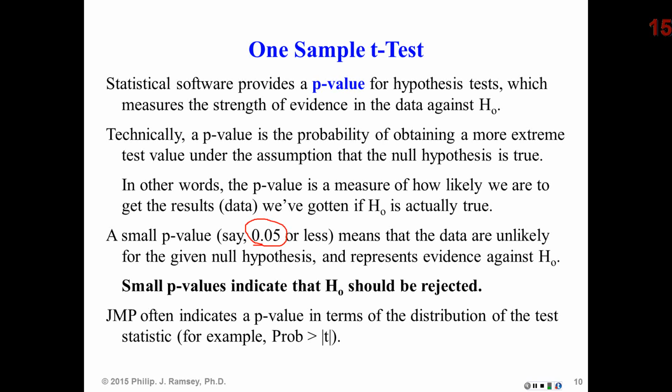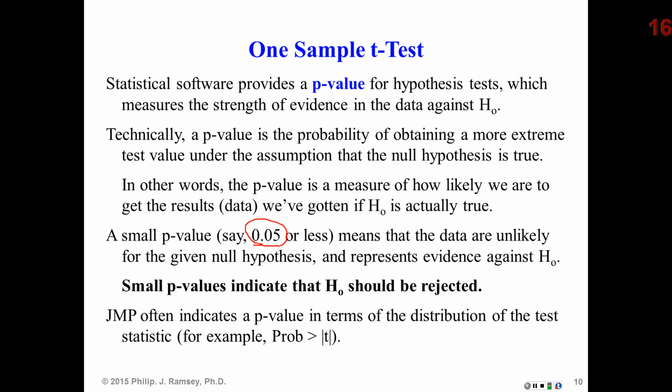So a small p-value, meaning assuming the null hypothesis is true, then the observed data is unlikely, then we reject the null hypothesis. In other words, the data indicates the null hypothesis should be rejected. It is not valid. So you'll see that these p-values form a basis for our decision as to whether or not to reject the null hypothesis.